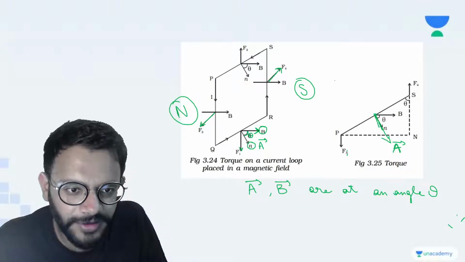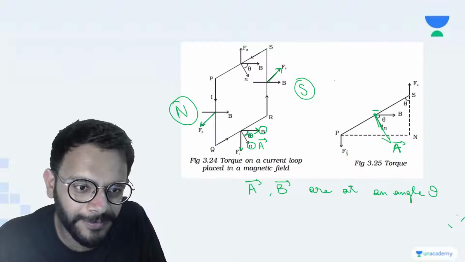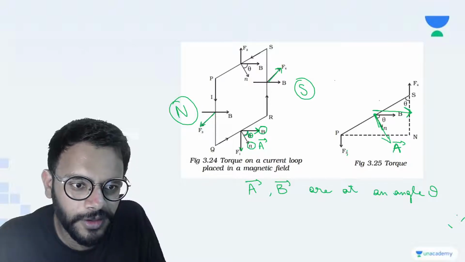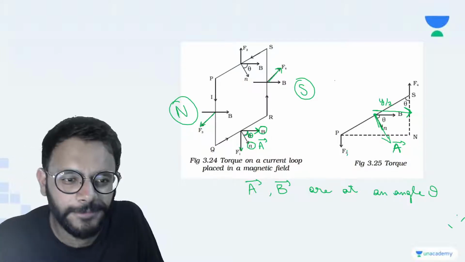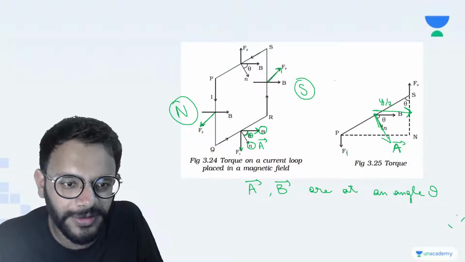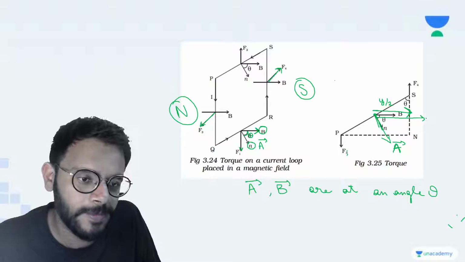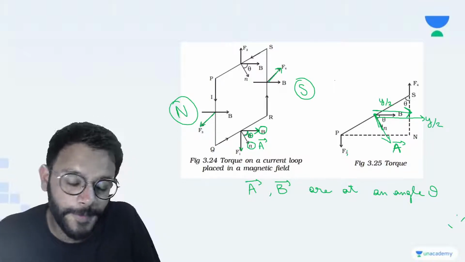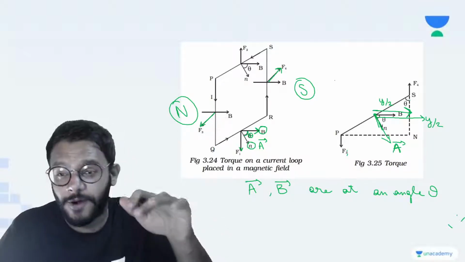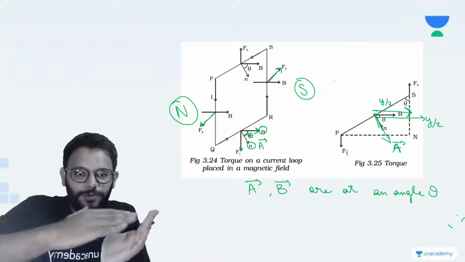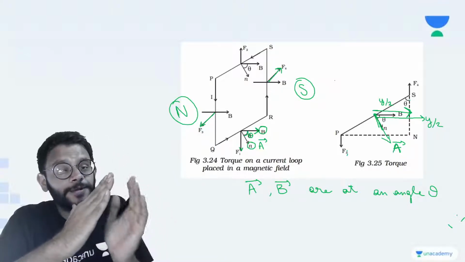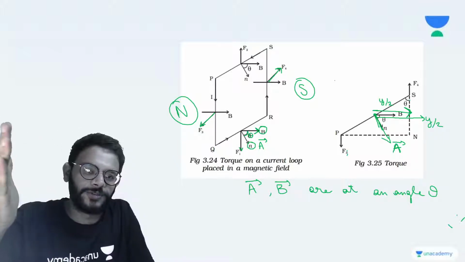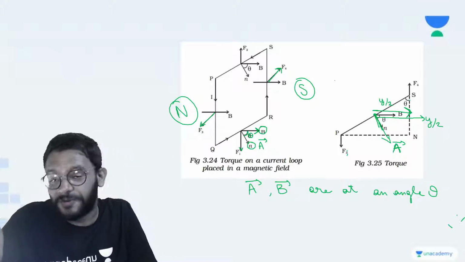So if this angle is now theta, this distance is not going to be y by 2. Y by 2 was the distance when my theta was 0, or the initial configuration. But now, since it has rotated by an angle theta, the distance y by 2 changes into something else, which you can find out by trigonometry.